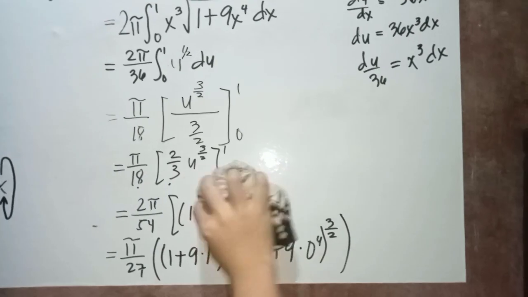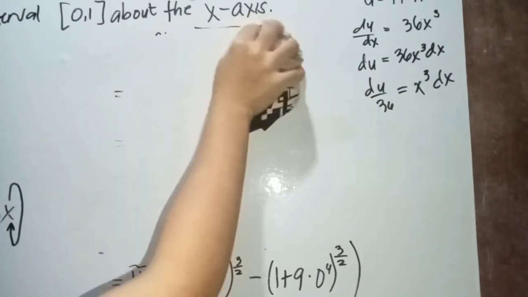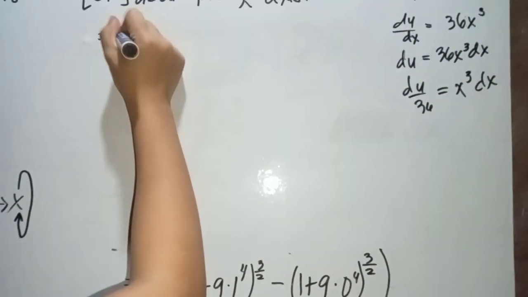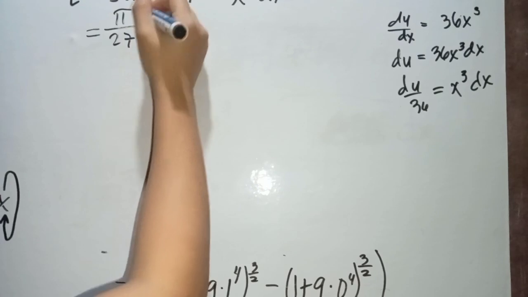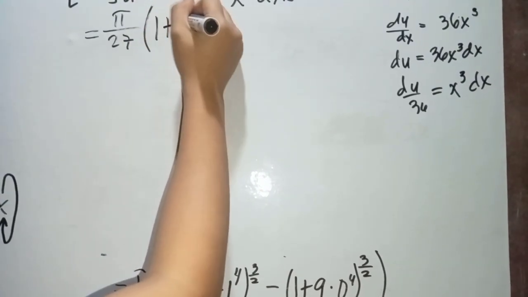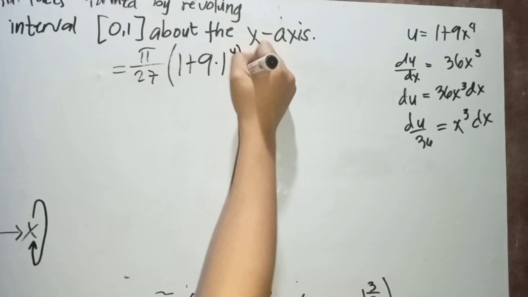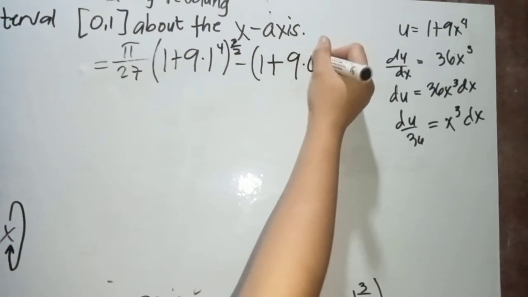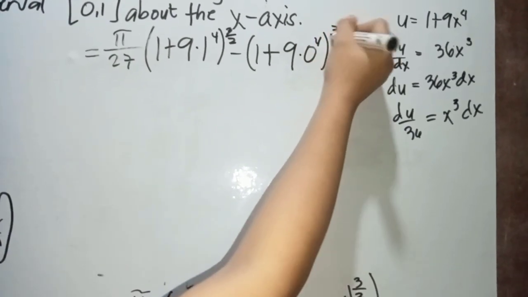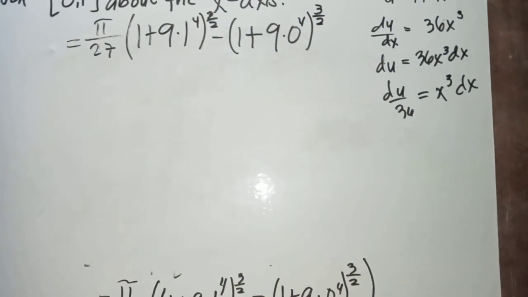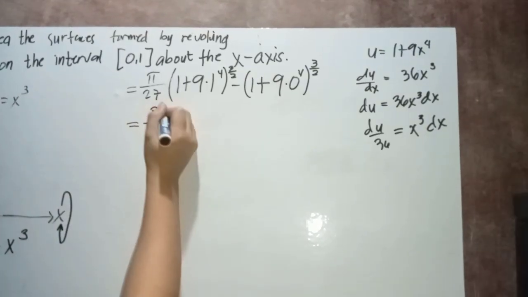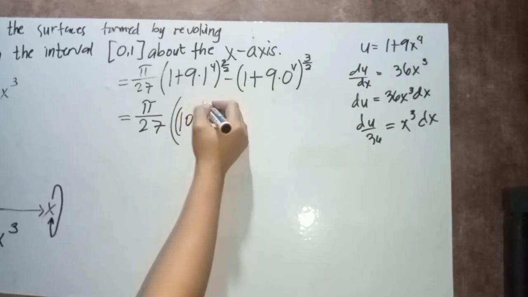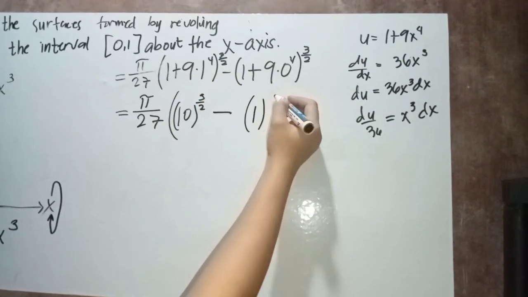We can reduce that by a factor of 2 in the numerator and denominator, and we'll have π/27 multiplied by (1 + 9·1⁴)^(3/2) minus (1 + 9·0⁴)^(3/2), which is equal to π/27 times 10^(3/2) minus 1^(3/2).